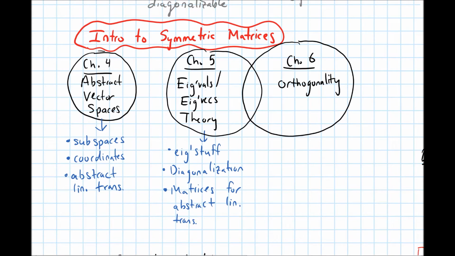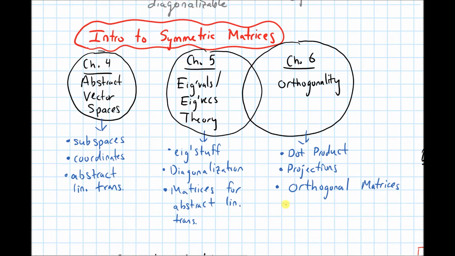And in the orthogonality chapter, we talked about the dot product, projections, and orthogonal matrices, which are going to show up often in this section.